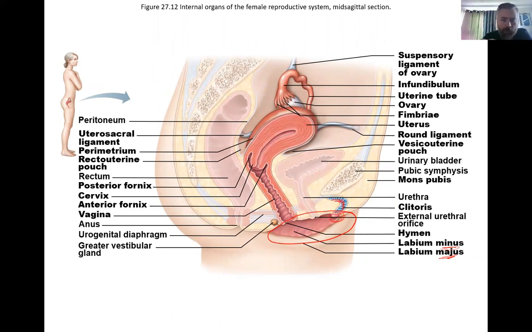Just north of, or just anterior to, the urethra, which is behind. Then we have the vagina, cervix, the uterus, uterine tube, or the fallopian tube, and the ovary behind that.